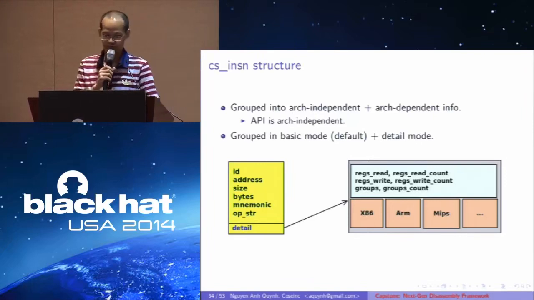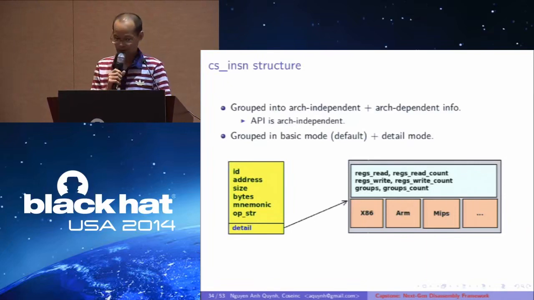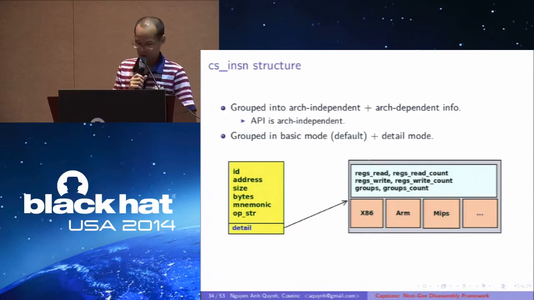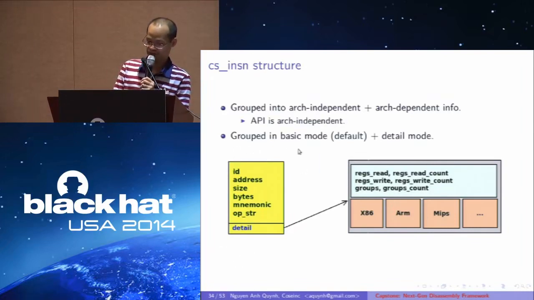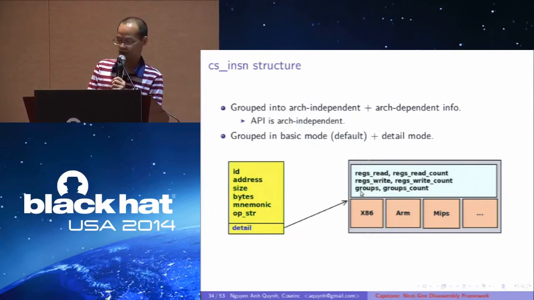Okay, let's take a look at this structure, which keeps all the information of the disassembled instruction. Here you can see that I group the information into two groups. The first one is architecture independent. You can see this yellow box and this box are all architecture independent information, because every instruction has an instruction ID, an address, a size, the bytes that the instruction contains, the mnemonic, the operand string, and a pointer.